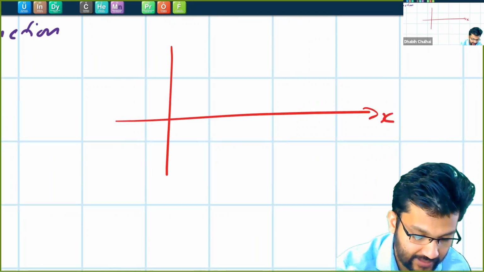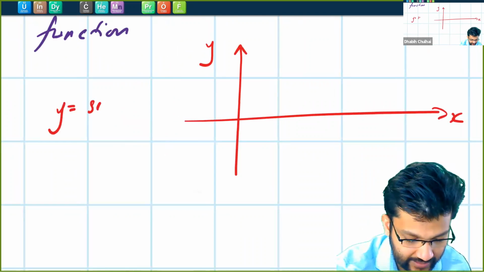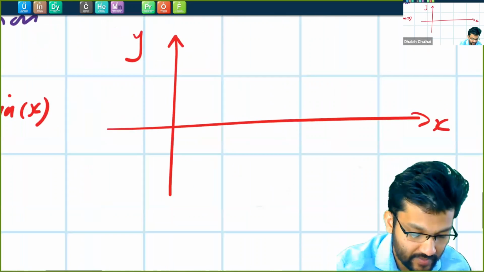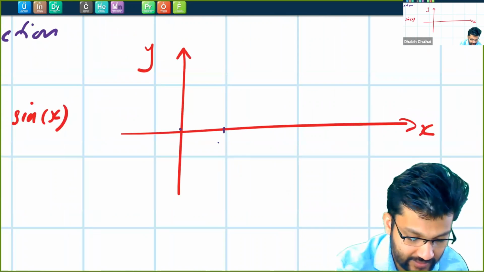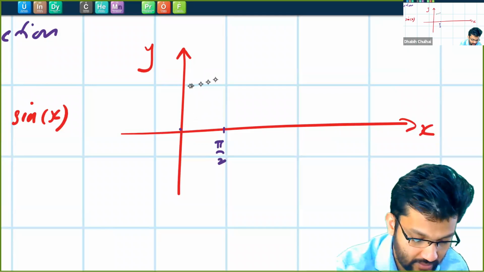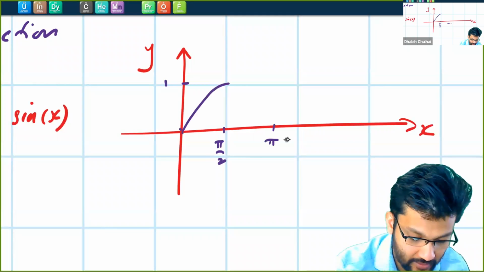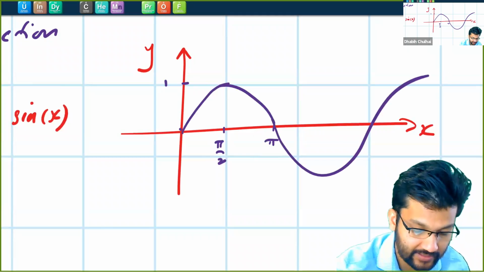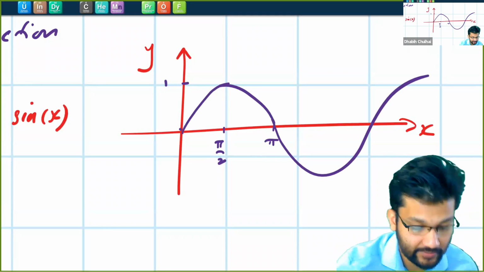So let's say that's x, that's y. A sine wave would be something like y is equal to sine x. So sine of 0 is 0, sine of 90 degrees or pi over 2 is 1. So let's say that's 1. Sine of 180 degrees is 0 again. And it continues like that. That's a sine wave, and you're all sort of familiar with sine waves.